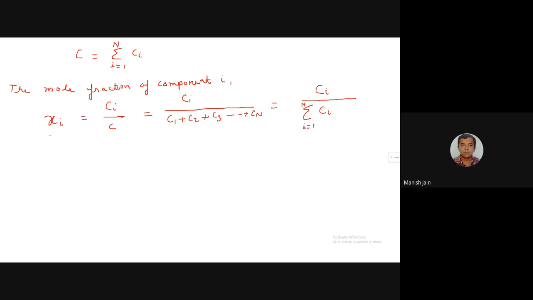This is the mole fraction. You already used mole fraction in mass and energy balance a lot. Now you can convert the mass concentration to molar concentration: Ci equal to rho i divided by MWi, where MWi is the molecular weight of component i.